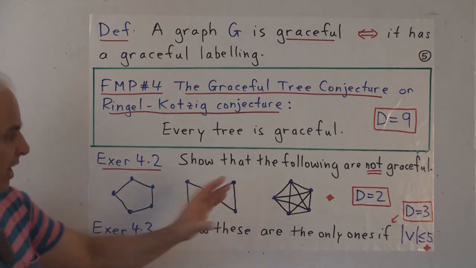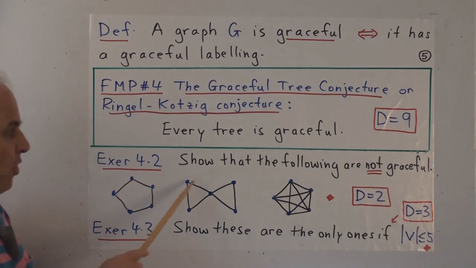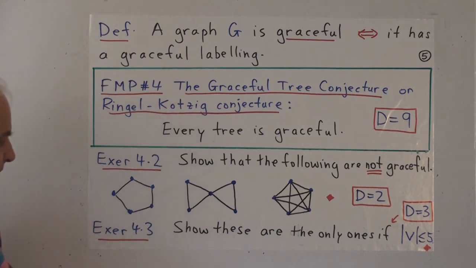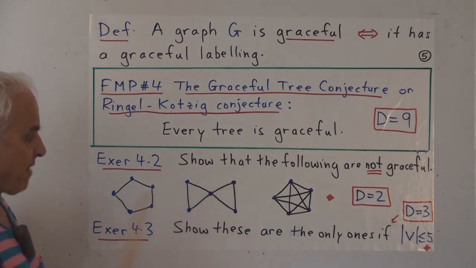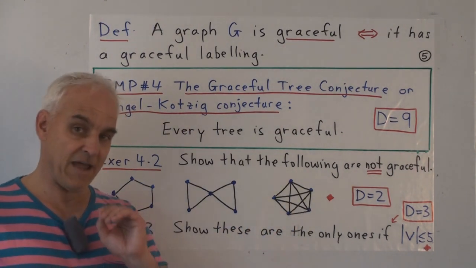Okay, so just to get you oriented, a little bit of practice. Here's an exercise. Show that the following graphs are not graceful. So here is a cycle with 5 elements. So this would be called C5. And here's sort of a bow tie graph. Here is the complete graph on 5 vertices.